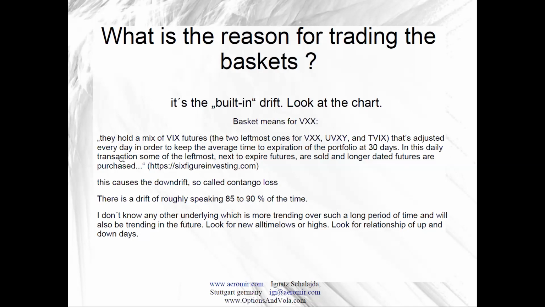In this daily transaction, some of the leftmost next-to-expire futures are sold and longer dated futures are purchased. That's why there is the built-in drift, and this causes the downdrift, the so-called contango loss in the VXX, and the updrift in the SVXY and ZIV. And there's a drift of, roughly speaking, 85 to 90% of the time.